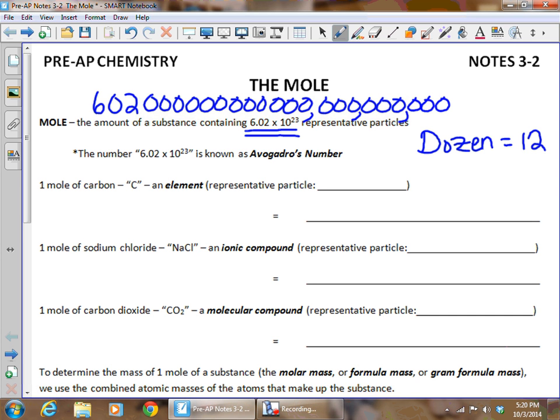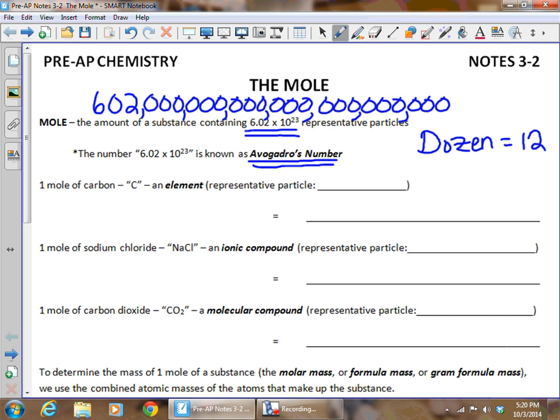Very, very large number. This number is called Avogadro's number, and we use it in many kinds of calculations in chemistry. So when I tell you that I want you to go get a mole of something, whatever that substance is, you're going to go get me 6.02 times 10 to the 23rd of them.